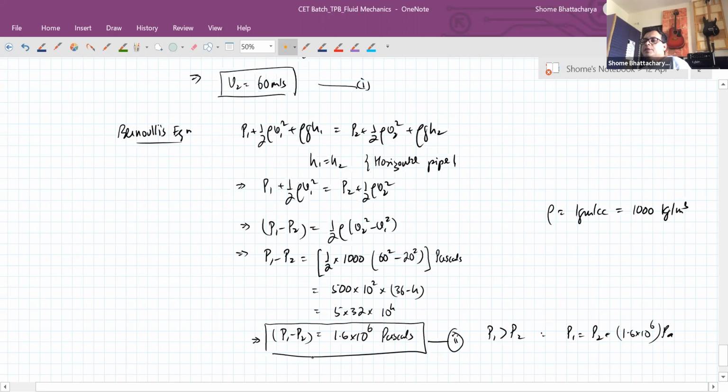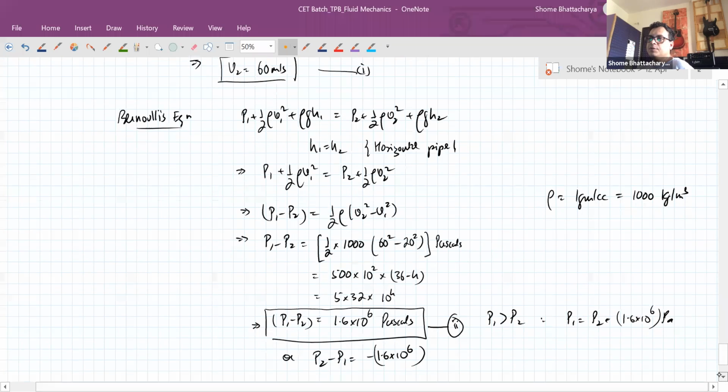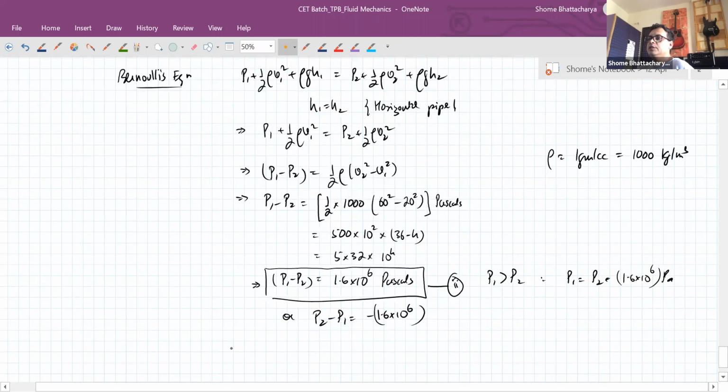Or you can say if we are calculating P2 minus P1, it is a negative quantity. So this is the completion of the theory part of fluid mechanics. Next lecture, we will look at some more numerical examples of application of Bernoulli's and continuity equation. But theory wise, we are done with this chapter.